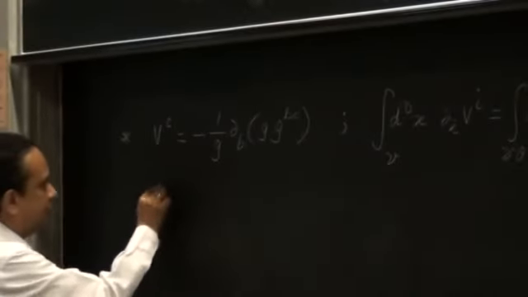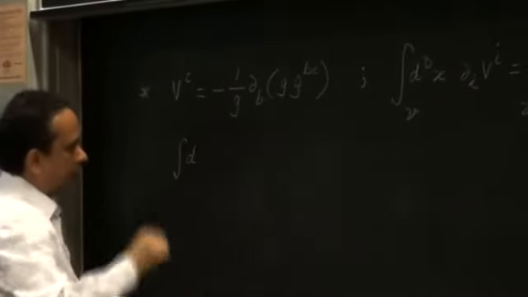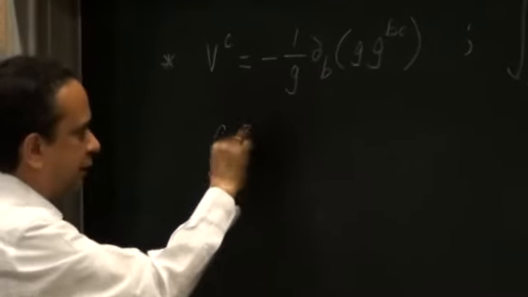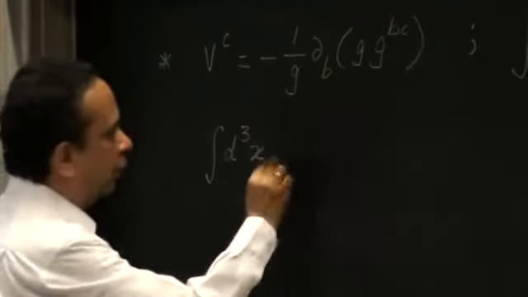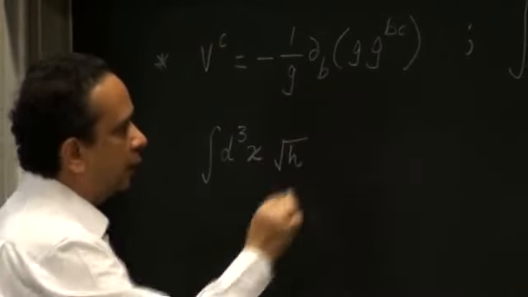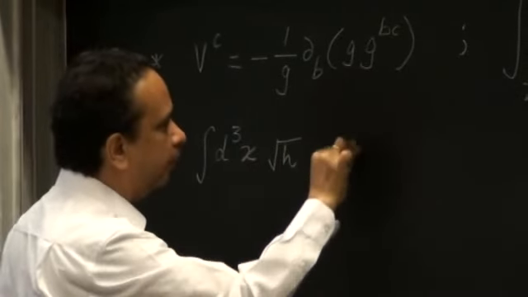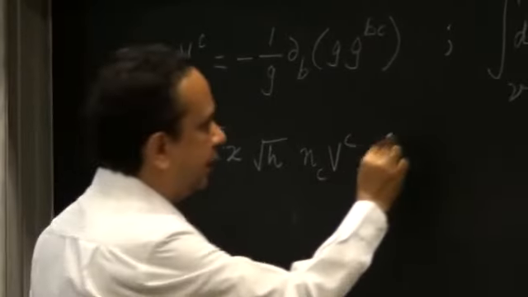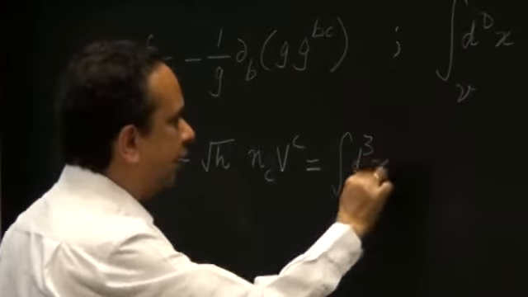What we are interested in is the integral over the d minus 1 dimensional surface. In this particular case, it is d3x. The idea is to extend to all dimensions. Root h times the normal n^c V_c. So this is going to be the integral d3x. Let us first evaluate what is inside.